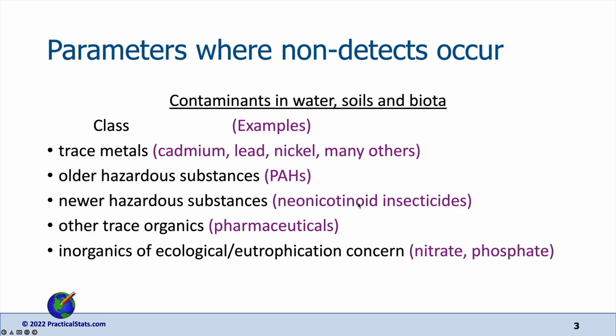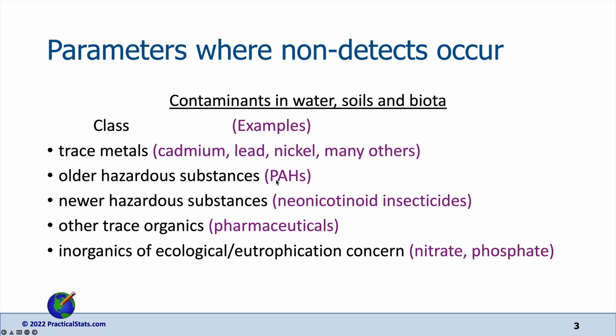Why do we care about these methods when we have non-detects? Because non-detects occur in some of the most important chemical parameters that we measure. Most contaminants that we measure in water, soils, biota have non-detects, because we're interested in things that often occur in trace levels, but those trace levels can be toxic. So, trace metals, certainly for years and years, have had non-detects.